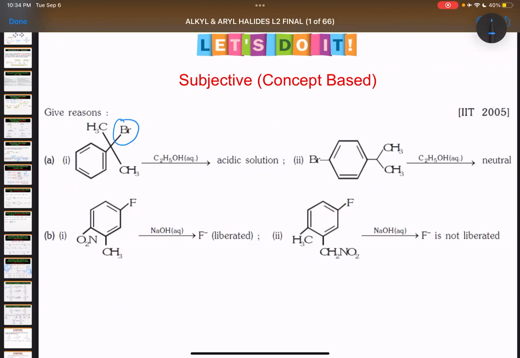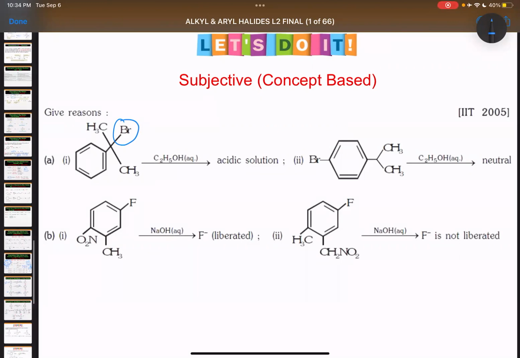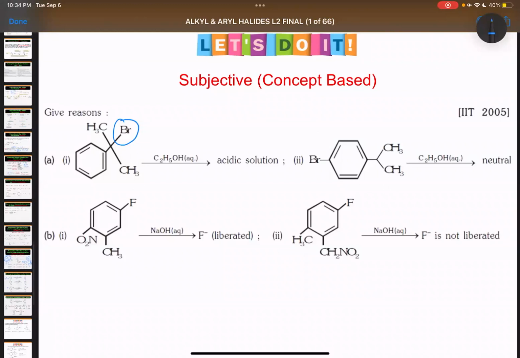Yeah, right. That we have now seen. And why can't the F come out in the second part of B? Sir, because the electron withdrawing group is not directly attached to the benzene ring. Yeah, exactly. Okay. So now you have noted.